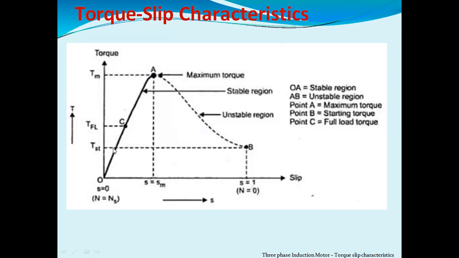But from point C to A, you will get the value of torque that increases. That's why we are calling the region from O to A a stable region. And at point A, we will get the value of torque that will be maximum. So we are saying that torque as the maximum torque.